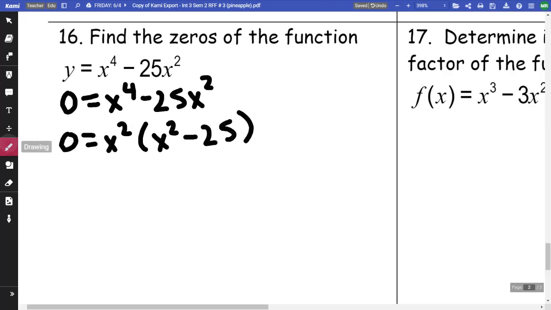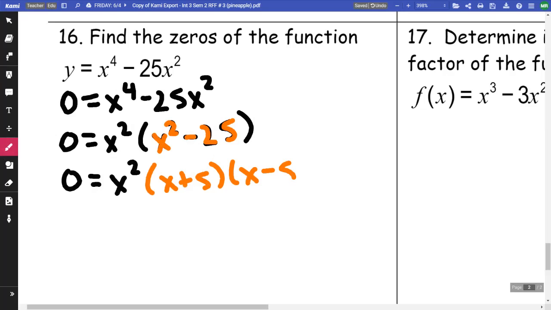And then this x squared minus 25 is a difference of two squares. Again, it's very important to understand differences of two squares. So this is going to be an x plus 5 and an x minus 5.